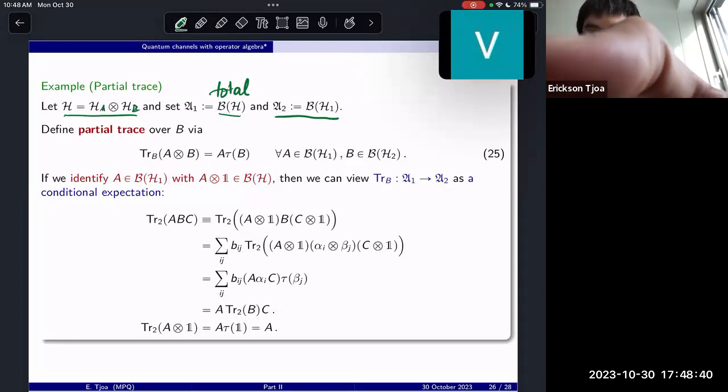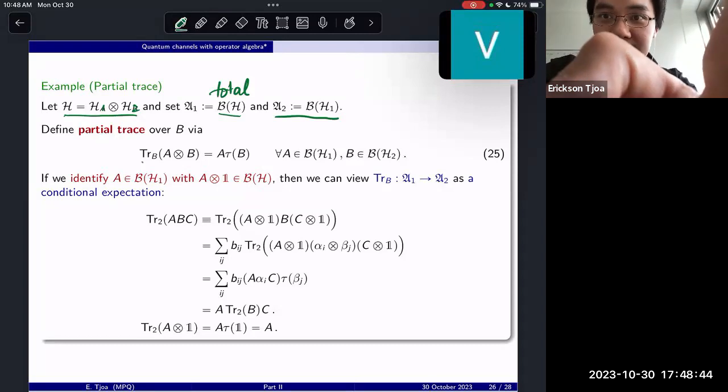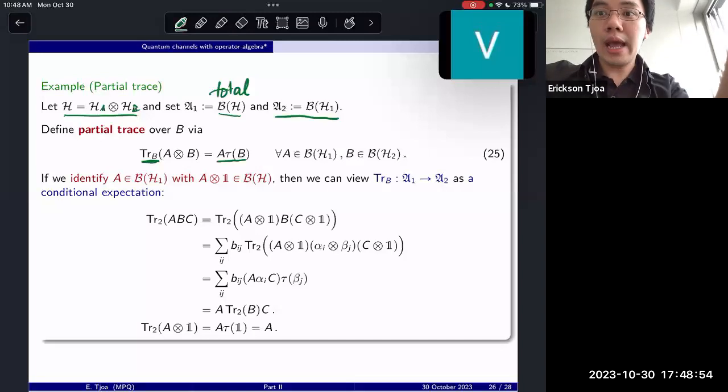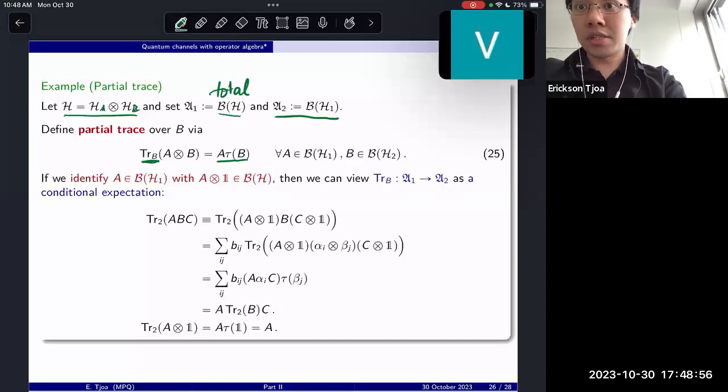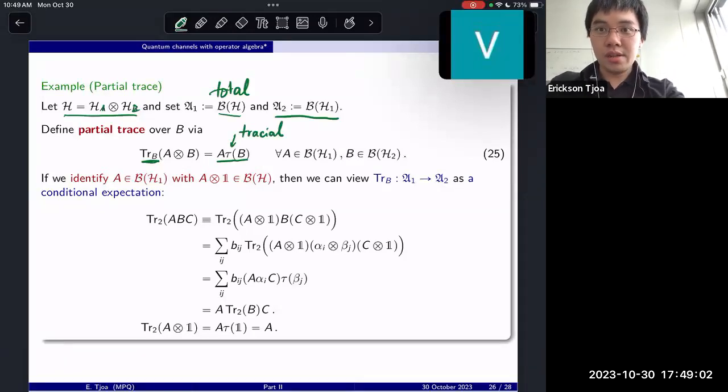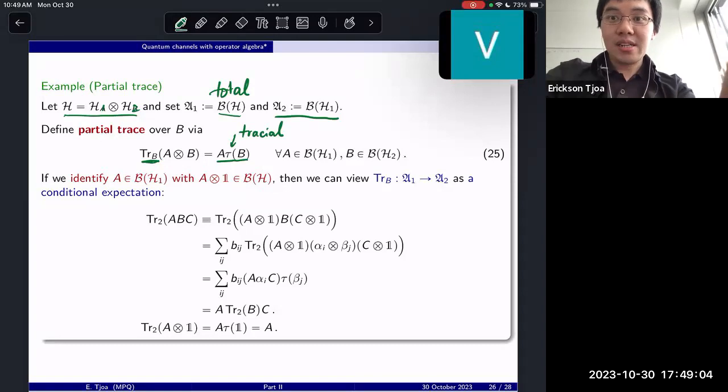And then you are going to define a partial trace over B. At this point, this trace over B is just a notation where you take two elements of an algebra, with a tensor product in the joint algebra, and you define it to be A tensor the action of a tracial state on B. This might look like overkill, but now this is the catch.